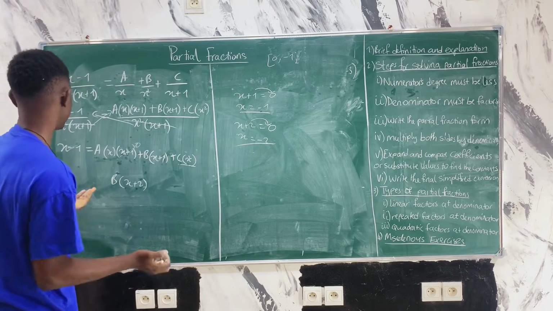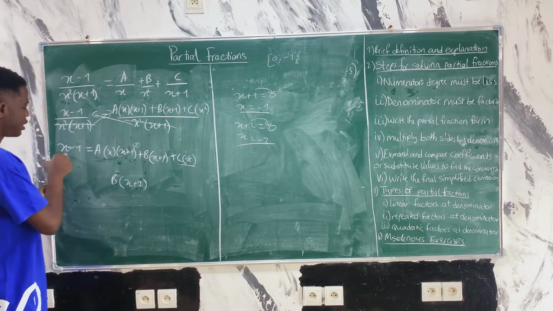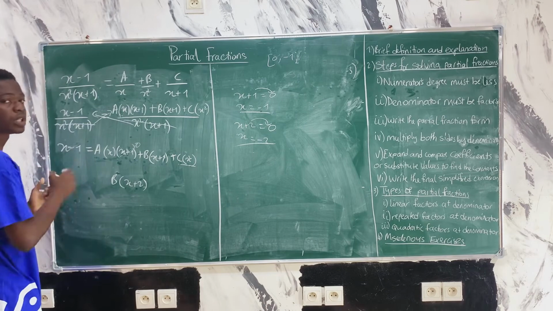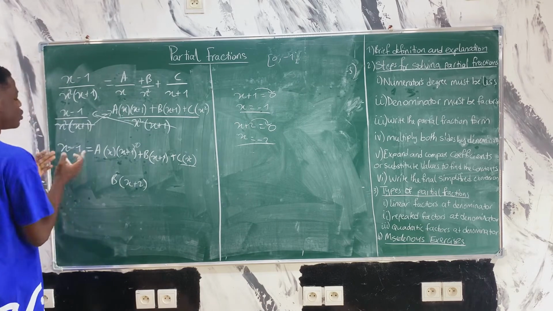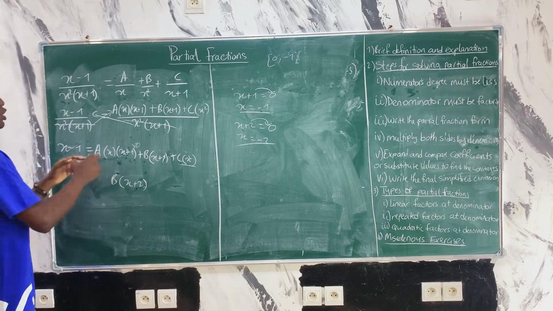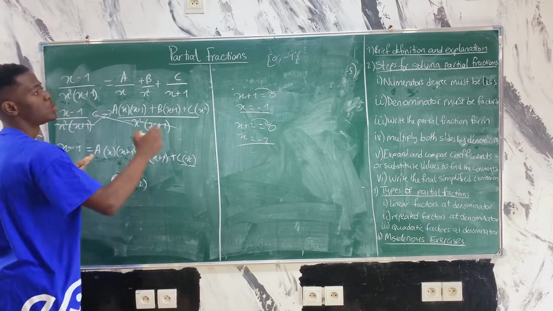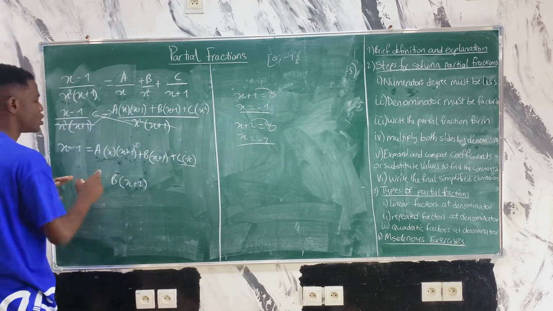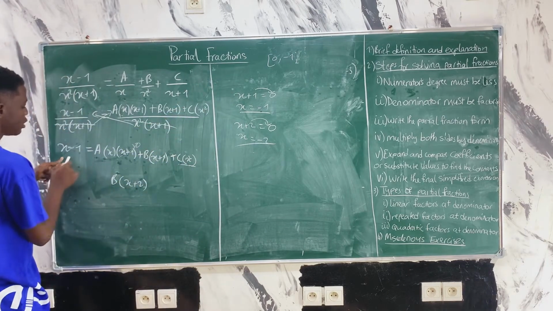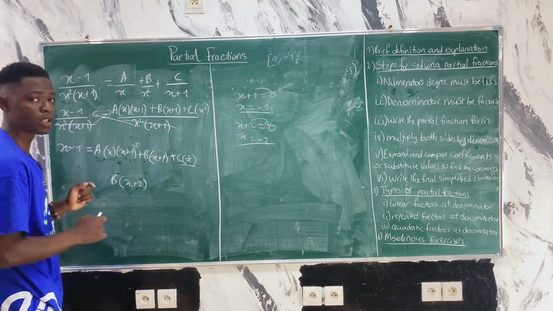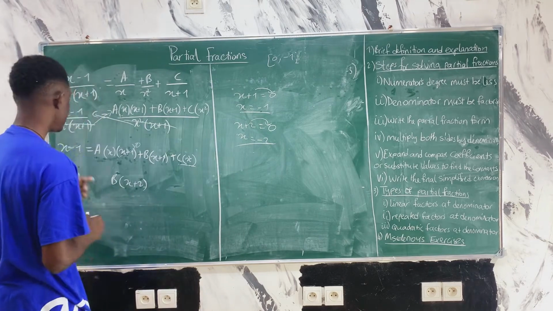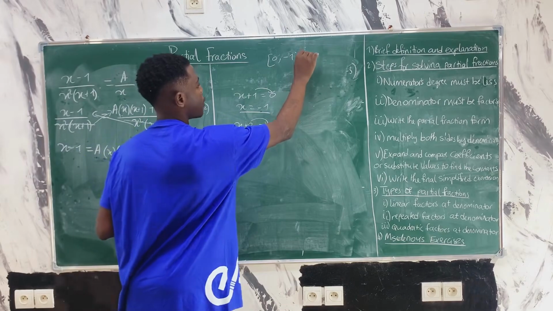I'll use 1 because when I put 1 here, 1 minus 1 will give 0. It will not turn anything here to 0 because we already have the values that make those tend to 0. But if I use 1 here, 1 minus 1 gives me 0. So the third value that I'm going to use is 1.